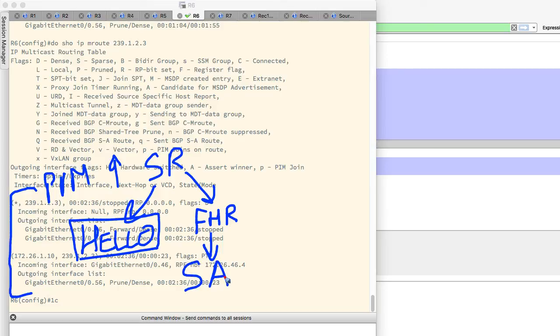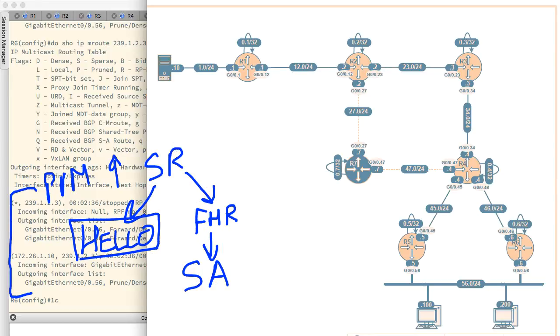So if it has an active source, it needs to be configured to send the state refresh message down the tree. And what is going to happen here is it's essentially going to generate that message on the first hop router, and it's going to send that message down the tree.